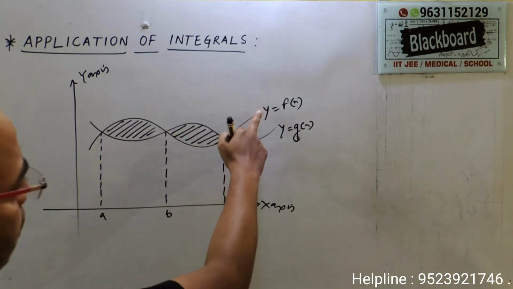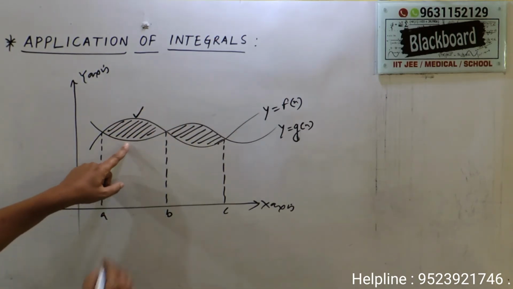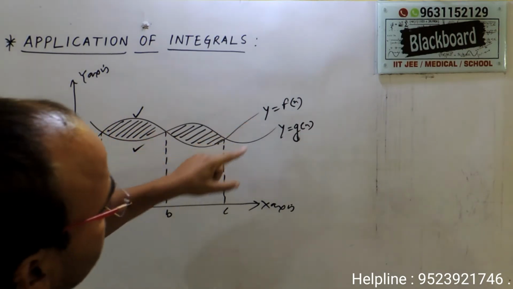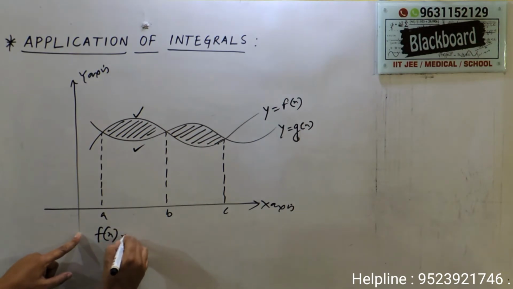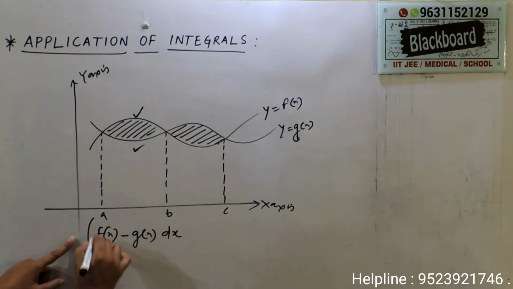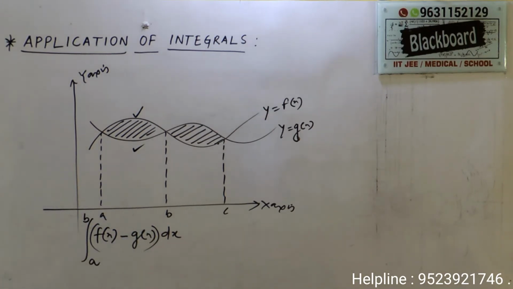Here this part is f(x) and this part is g(x). So from here to here, the area will be the integral from a to b of (f(x) minus g(x)) dx.